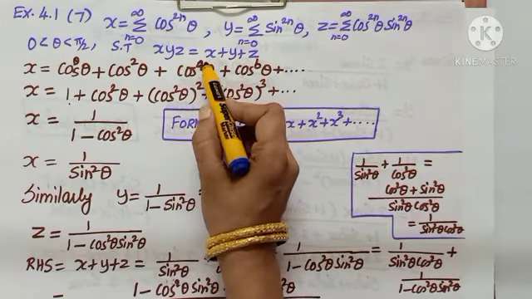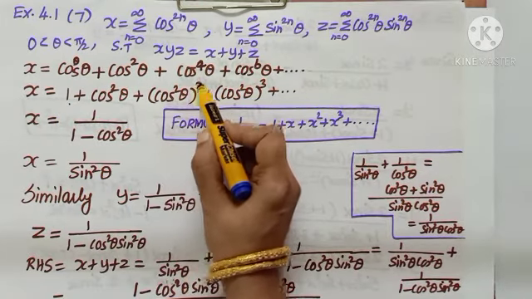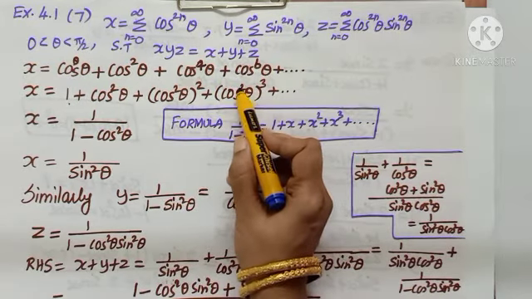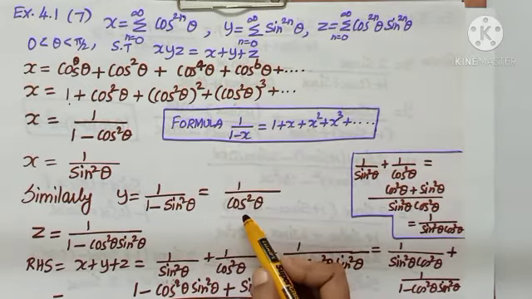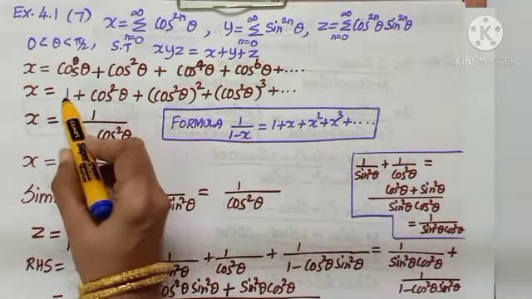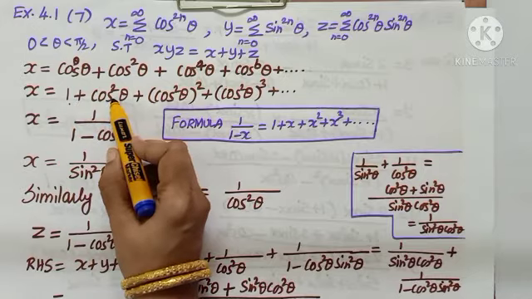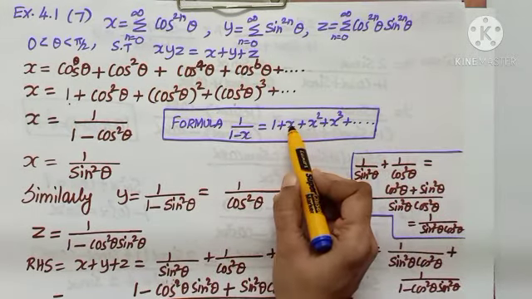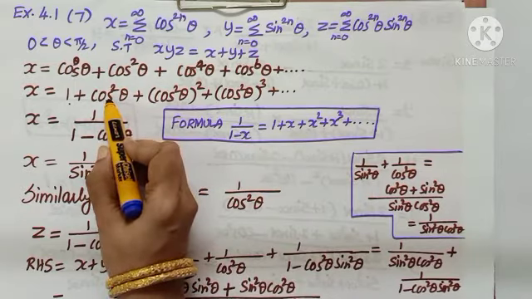Cos power 4 is cos square theta the whole square. Cos power 6, cos square theta the whole cube. So this and this I can compare: 1, some term, square, cube and so on. So in the place of x I have cos square theta.